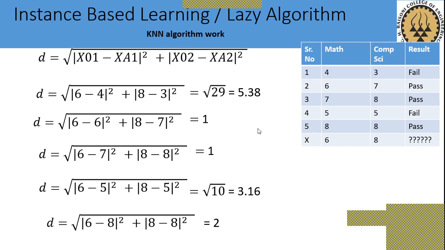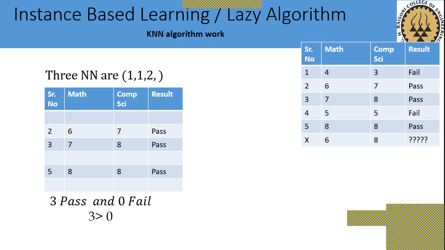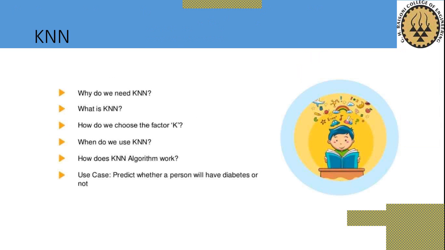This is one of the numerical examples of the KNN algorithm. Because 3 out of 3 are pass, and 3 is greater than 0, none belong to fail. So we can say that the x value is nothing but pass.